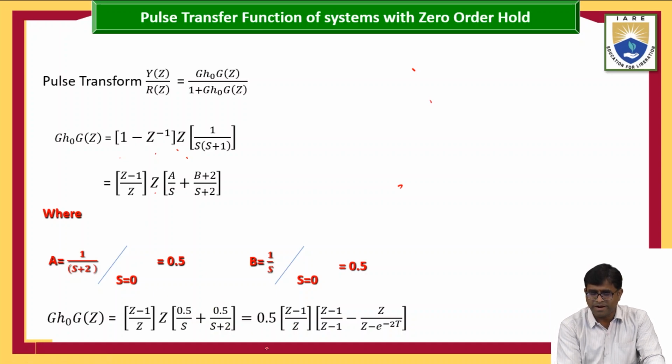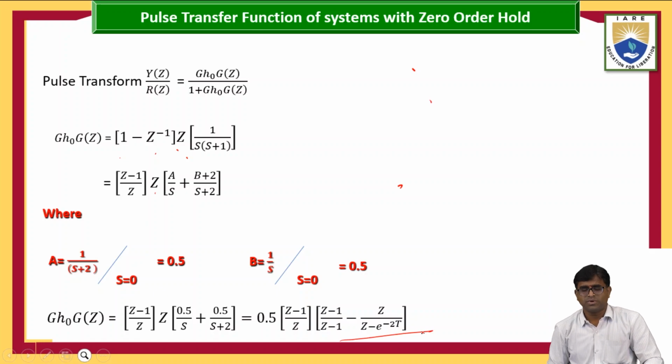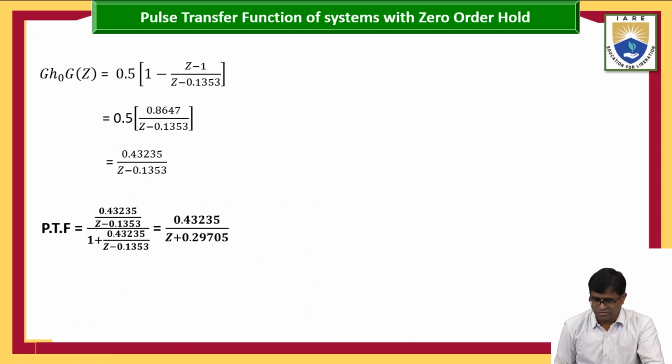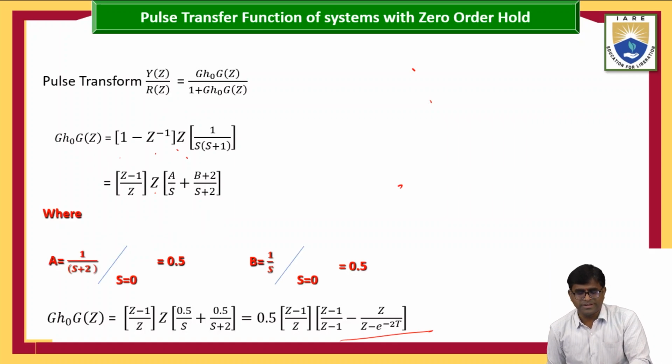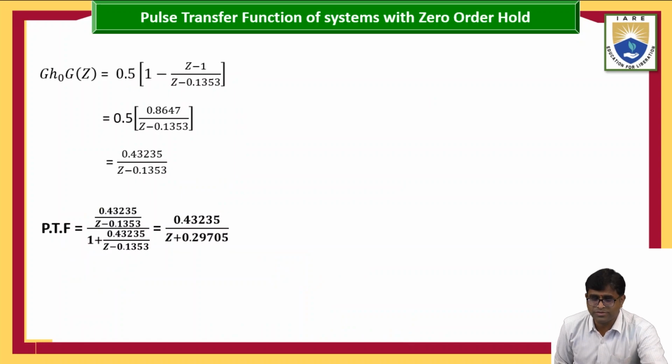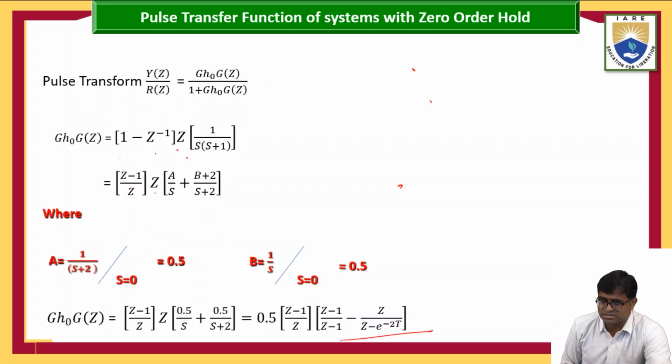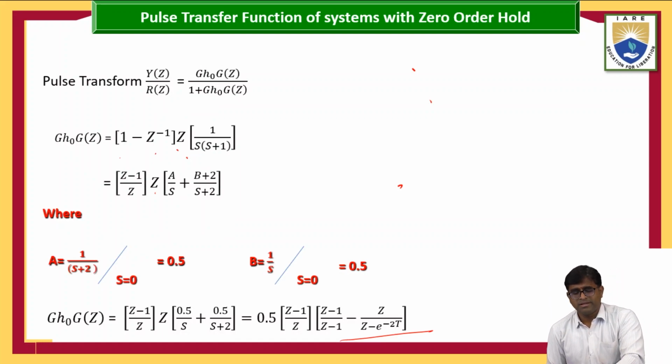If you take 0.5 common, what happened? If you multiply this inside, we got this one. Next is for the mathematical solution only. Taking 0.5 common, we multiplied that inside.